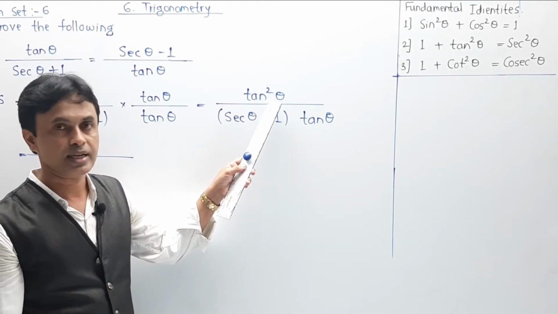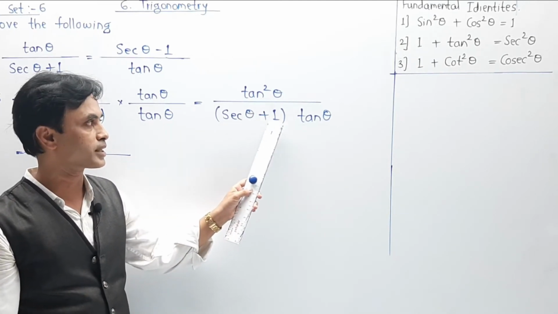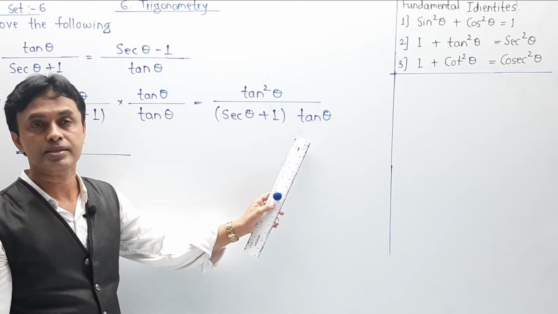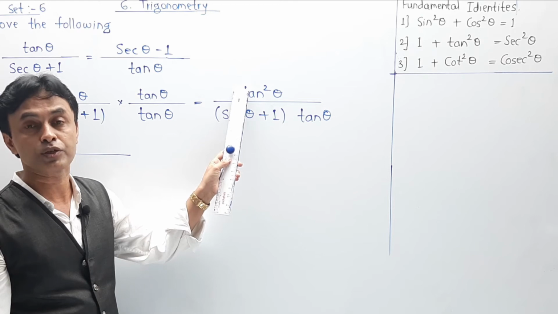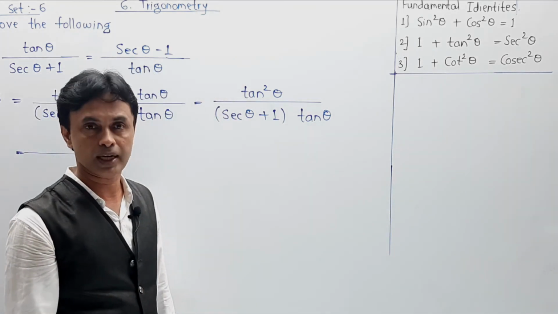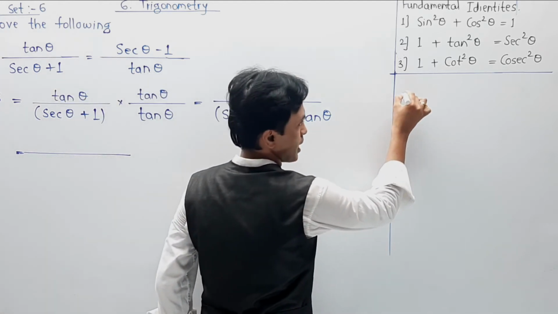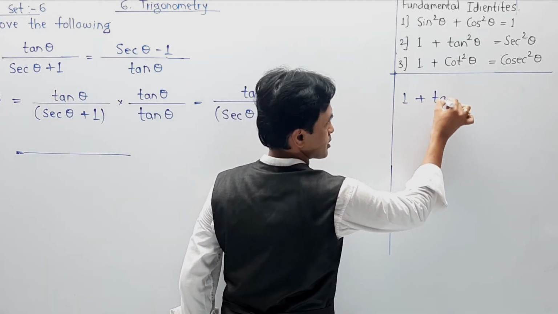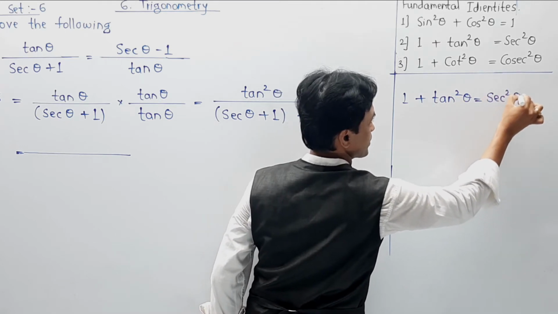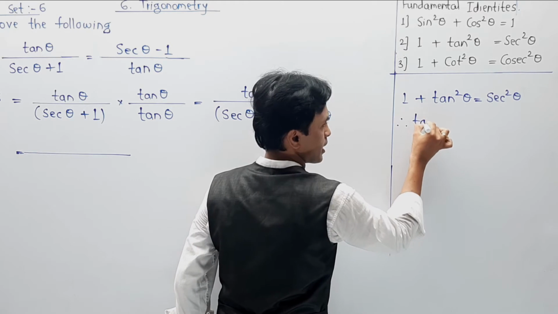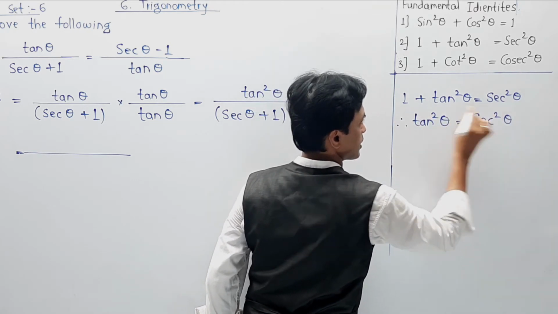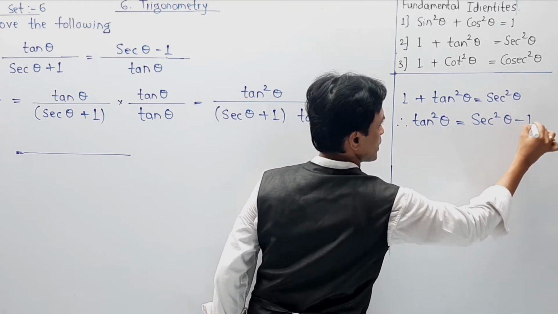Now, as this step is tan square theta over the bracket sec theta plus 1 into tan theta, we cannot make any modification of the base, but definitely we can make a modification of tan square theta. We know the fundamental identity: 1 plus tan square theta is equal to sec square theta. So we can write tan square theta is equal to sec square theta, with the plus 1 going to that side as minus 1.